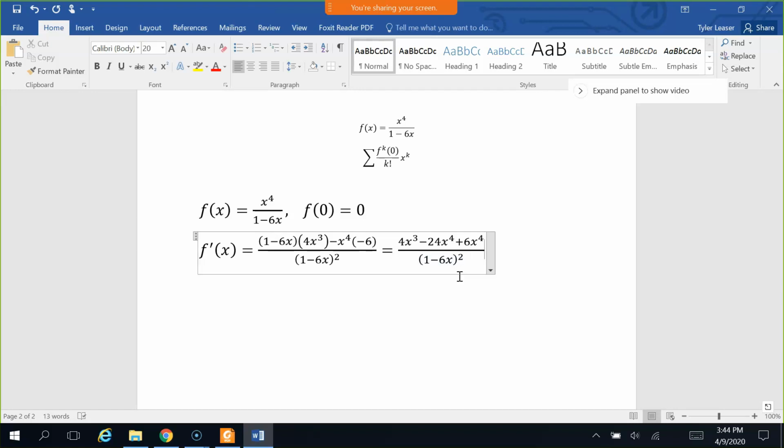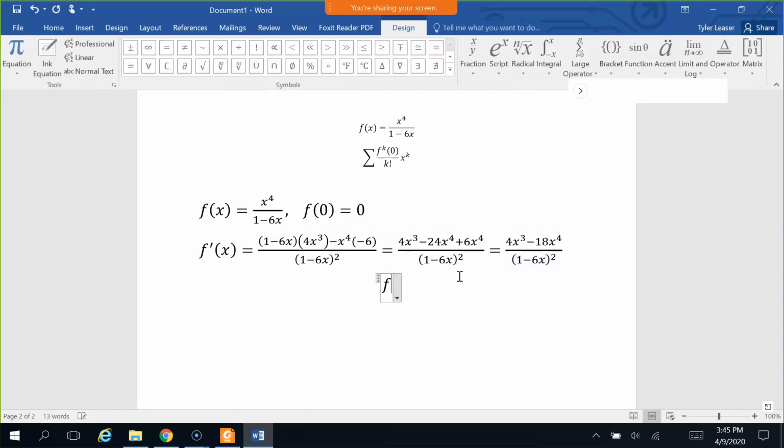And then we can simplify that down a little bit more just by combining the like terms in the numerator. So minus 18x to the fourth up top. It's not going to matter too much anyway for this one, because if I plug 0 into this, I'm still just going to get 0. So we still don't have any terms yet. I have to keep going.